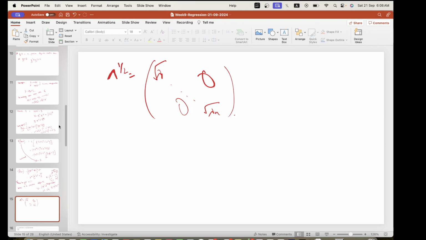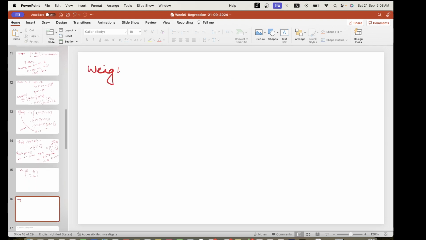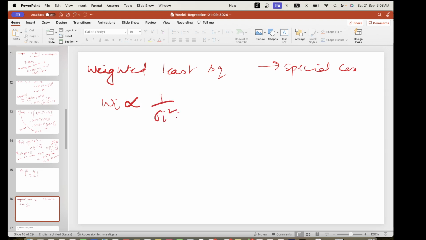We also learned that weighted least squares is a special case, where the weights are assigned in such a way that Wi is proportional to 1 by sigma i square.